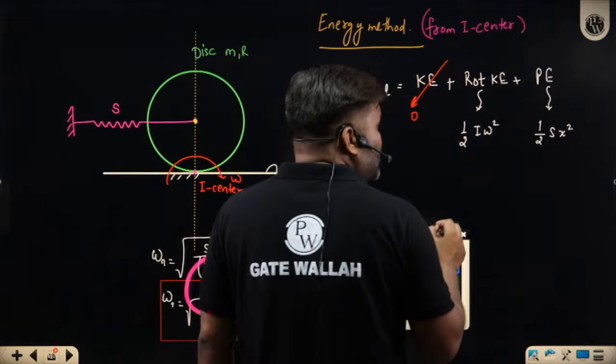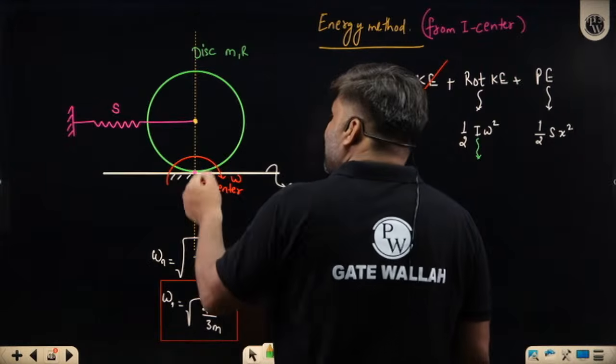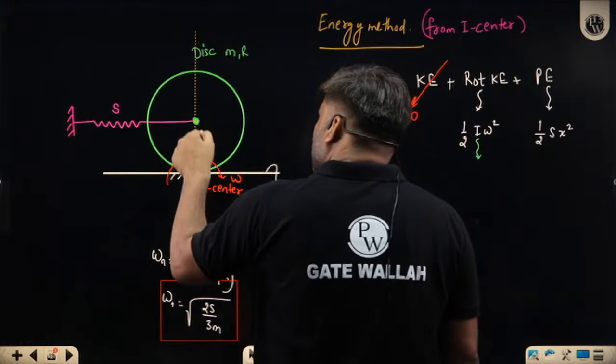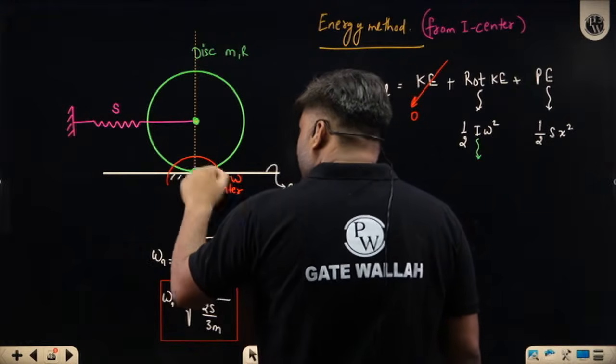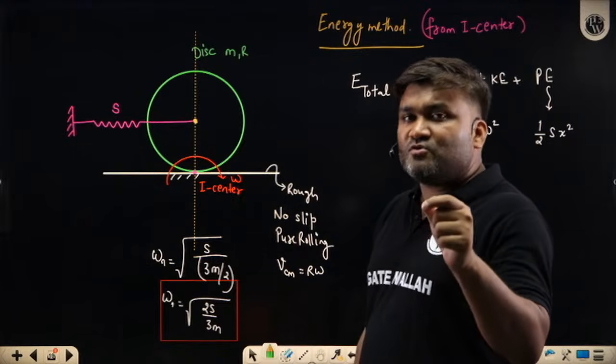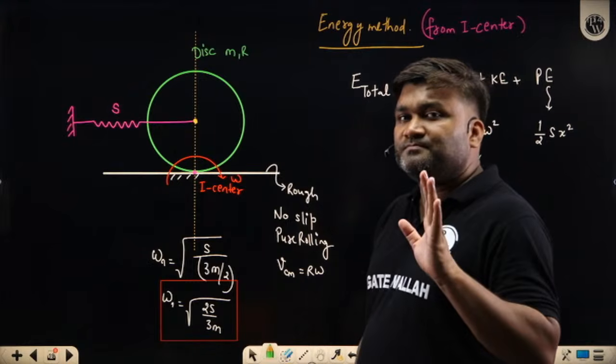Because of the moment of inertia. Earlier you were talking about it with respect to this point. Now you are seeing the rotation from here. So from whichever axis, about whichever point you are seeing the rotation, the moment of inertia is considered about that axis only.